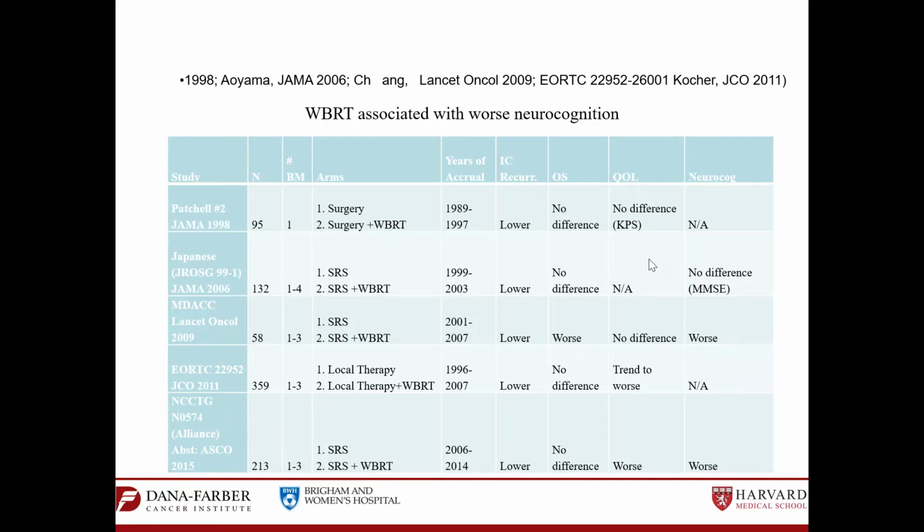So doing the whole brain gives really better control, but keep in mind that you will have a neurocognitive decline in patients. It will be associated with worse neurocognition. That's why everybody started to think about sparing patients from whole brain radiation because of neurocognitive function.